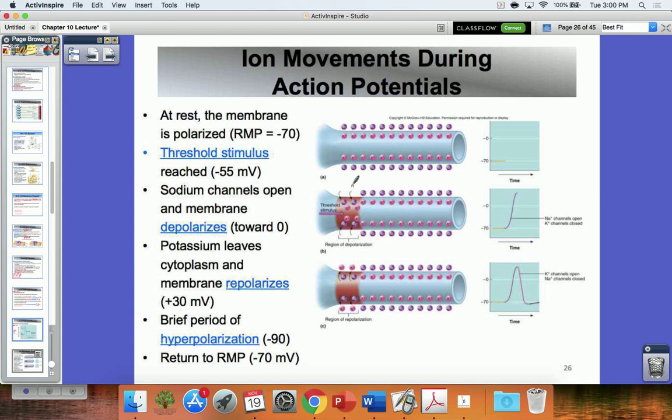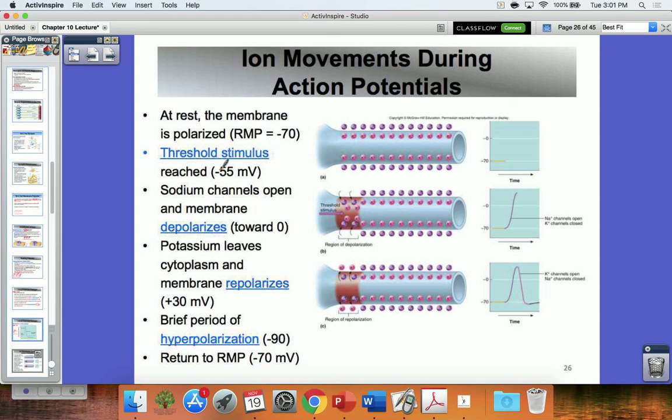The way this happens is we have more positivity on the inside of the cell. For that to happen, we need an influx of positive sodium ions to come inside the cell. As those positive sodium ions come inside, it becomes more positive. So it goes from negative 70 to negative 55.